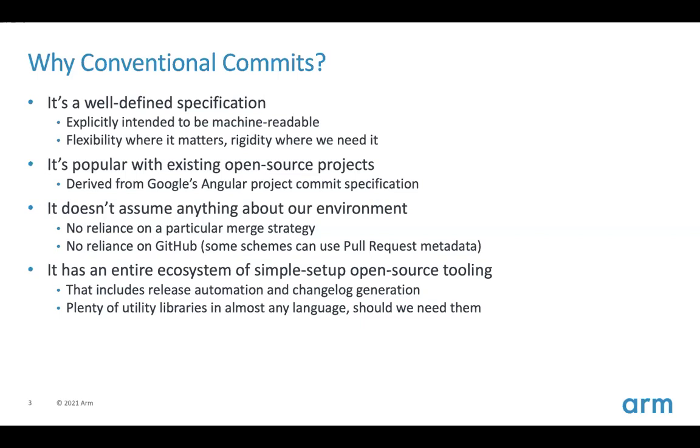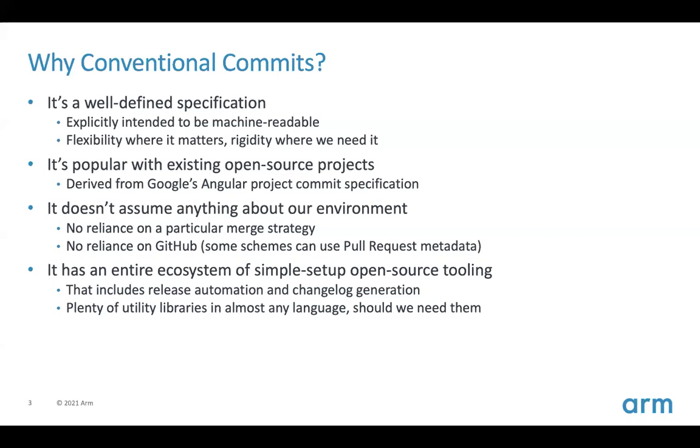The other major reason was that it's actually already popular with existing open source projects. I couldn't name any specifically at the moment, but it's one of those things that people like to blog about. The other thing is that it doesn't assume anything about our environment. Some suggestions that people have already put forward were good. However, some of it relies on the environment.